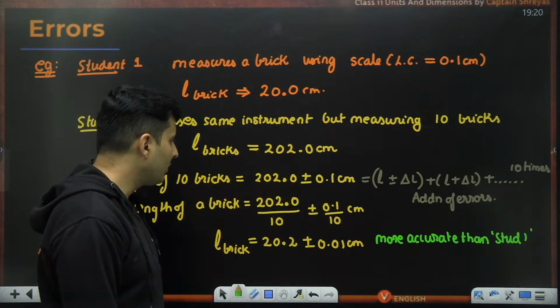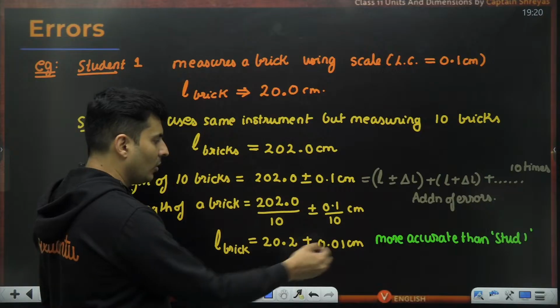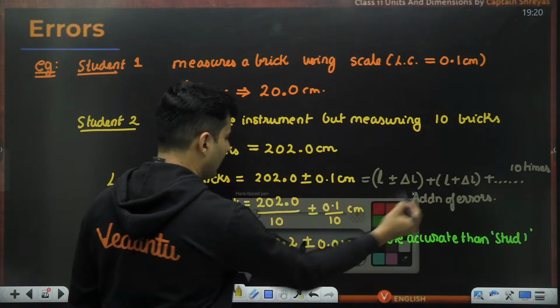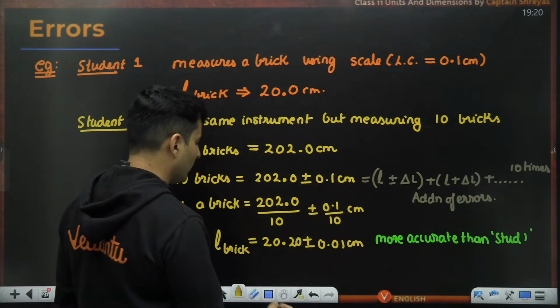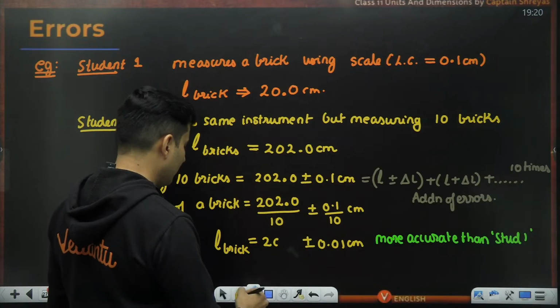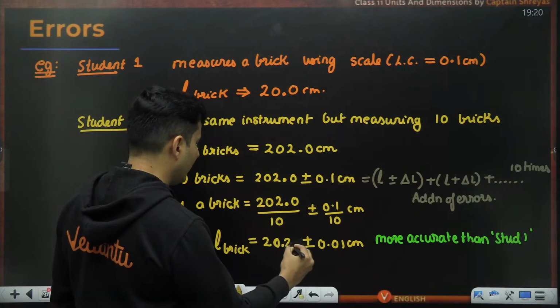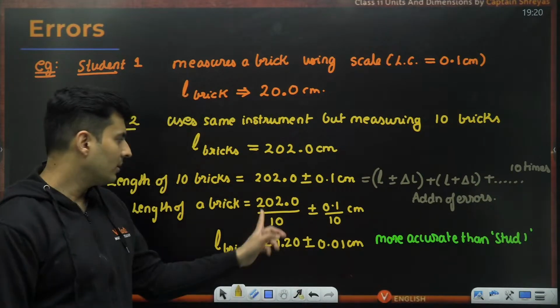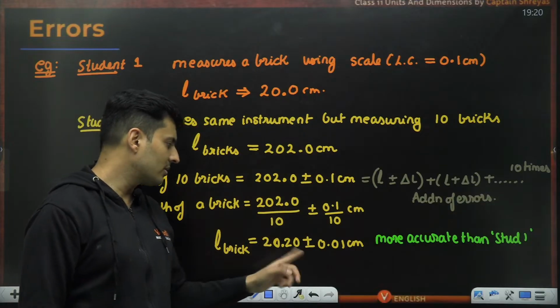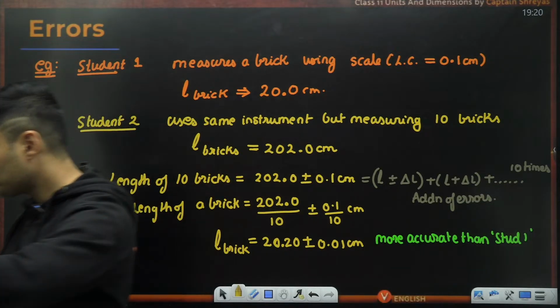But this is not the right way of leaving the answer, because I have gone till second decimal place. Technically I should put 20.20, because there were 4 significant figures. So technically this should be 20.20, 4 significant figures, same thing I have continued over here.